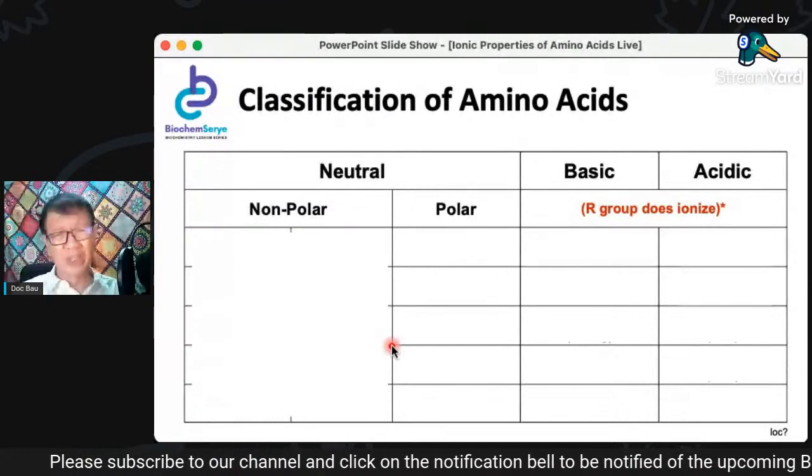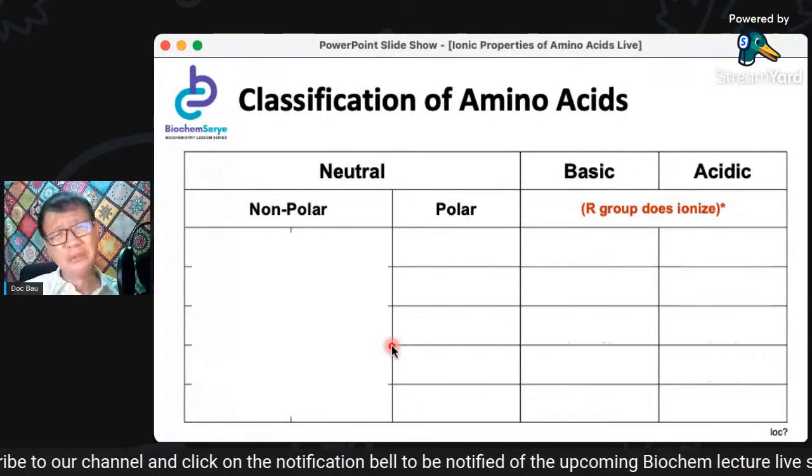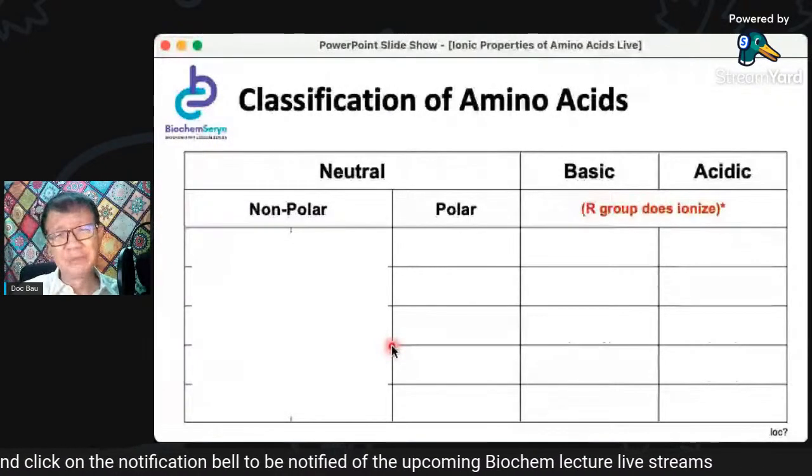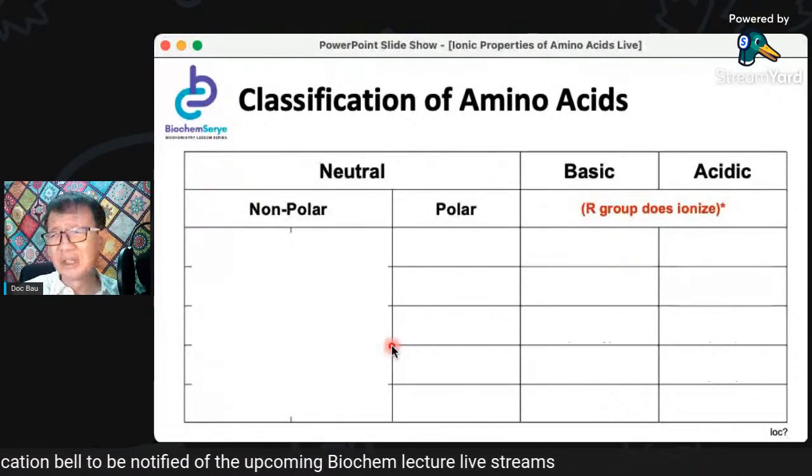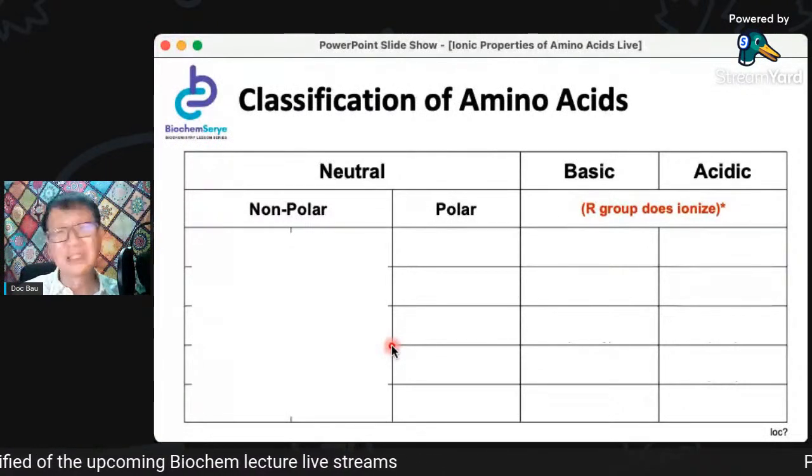For example, if the mnemonic is for the letter T, which of the amino acids starts with the letter T? You have three amino acids that start with the letter T, and I think you have three that start with the letter A, etc.